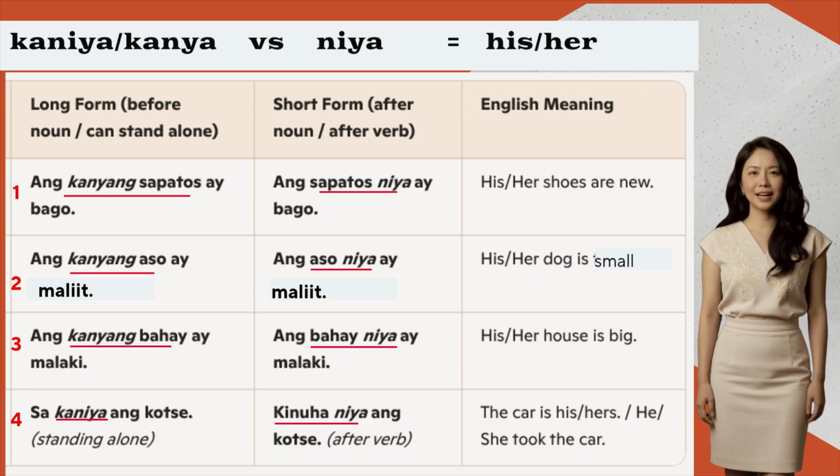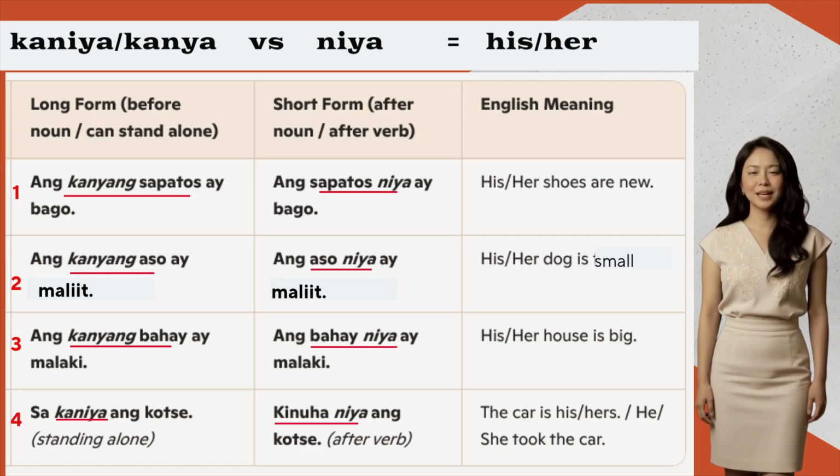Ang aso niya ay maliit. His or her dog is small. Same meaning, different placement. Number 3, ang kanyang bahay ay malaki. Ang bahay niya ay malaki. His or her house is big. Again, the long form leads the phrase and the short form follows the noun.